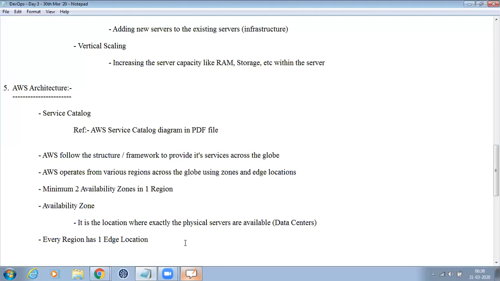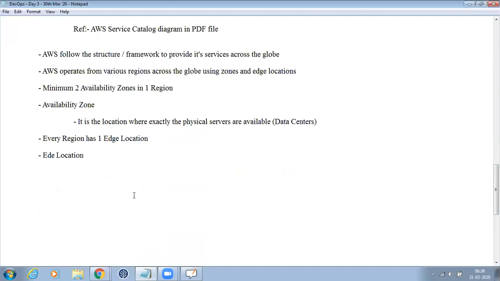So this is about some of the concepts in architecture, and I want to add some more points. What is an edge location?